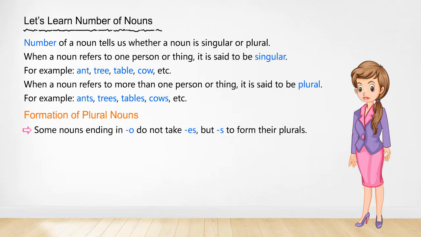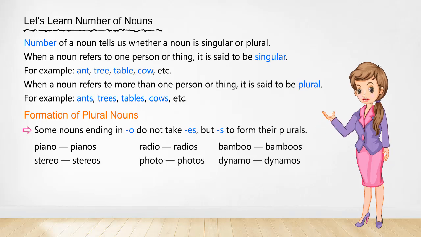Some nouns ending in o do not take es but s to form their plurals. Piano, pianos; stereo, stereos; radio, radios; photo, photos; bamboo, bamboos; dynamo, dynamos.